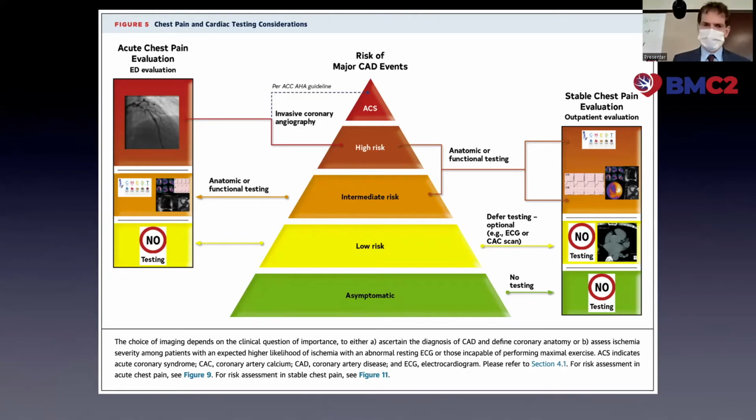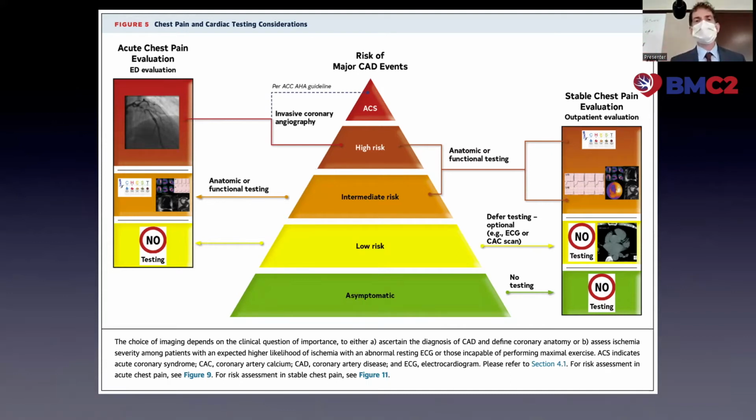As we think about the recent new multi-society chest pain guidelines that have come out, I really like this slide because it highlights this really nicely. When you think of somebody coming to the emergency department, that's acute chest pain evaluated in the ED. You think about whether they're high, intermediate, or low risk, and there's different ways to do that.